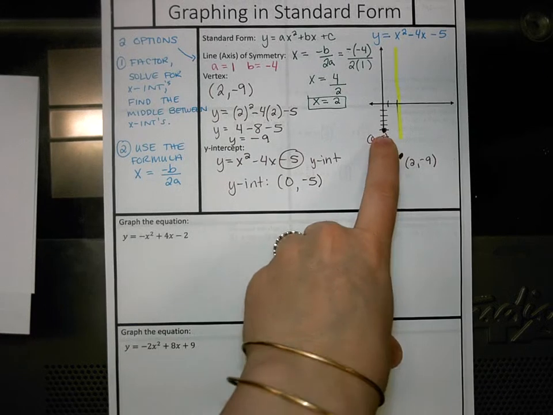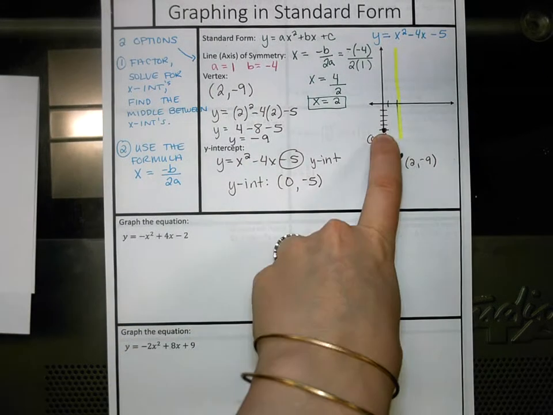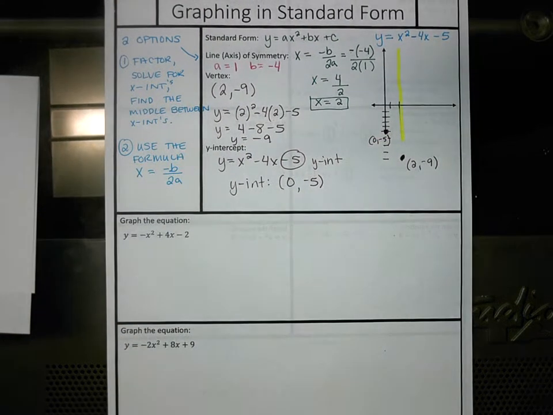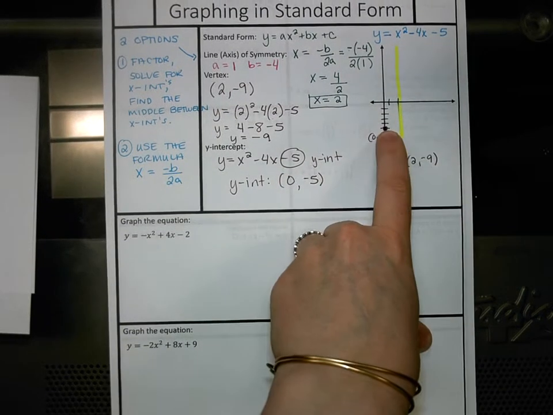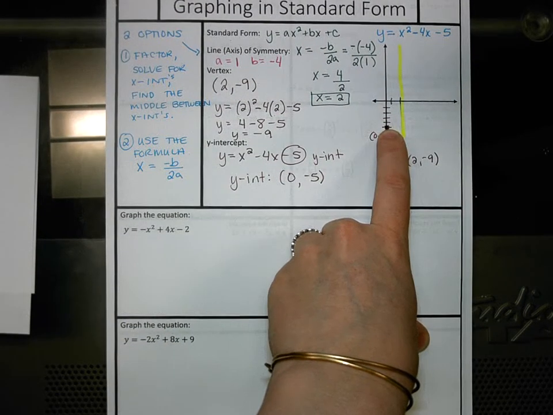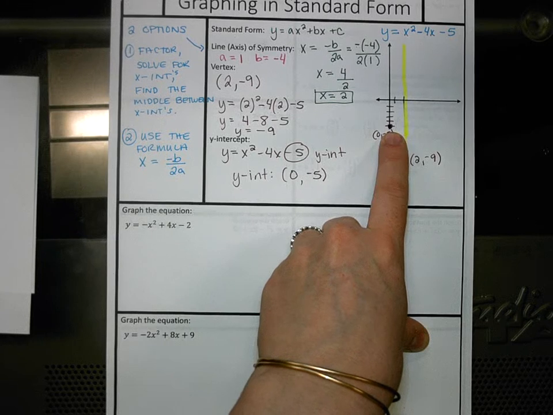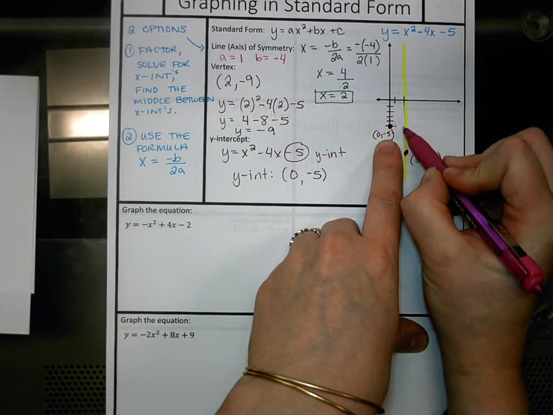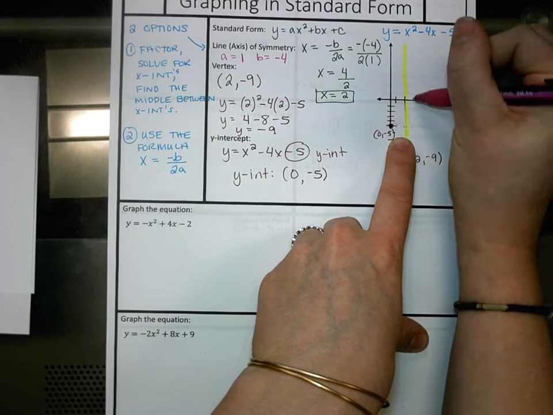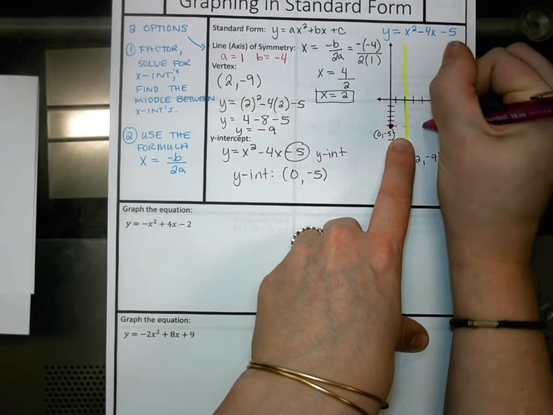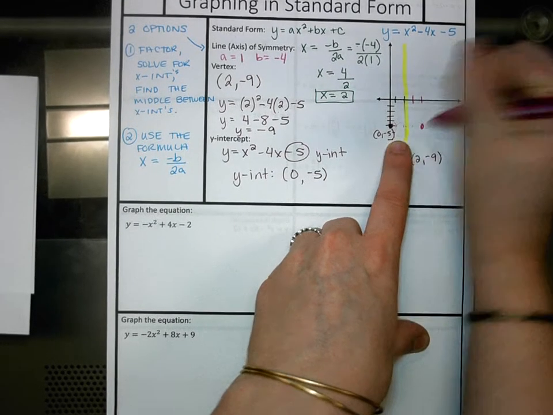Or you can use your y-intercept. How far away from the axis of symmetry is this y-intercept? 2. So if I went 1, 2 to get to my axis of symmetry, I go 1, 2 in the opposite direction to also plot a point. And that is fine as well.